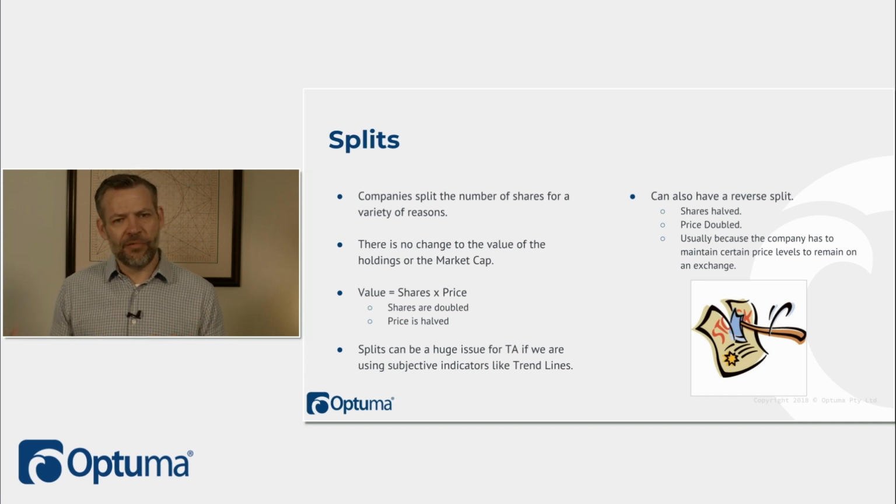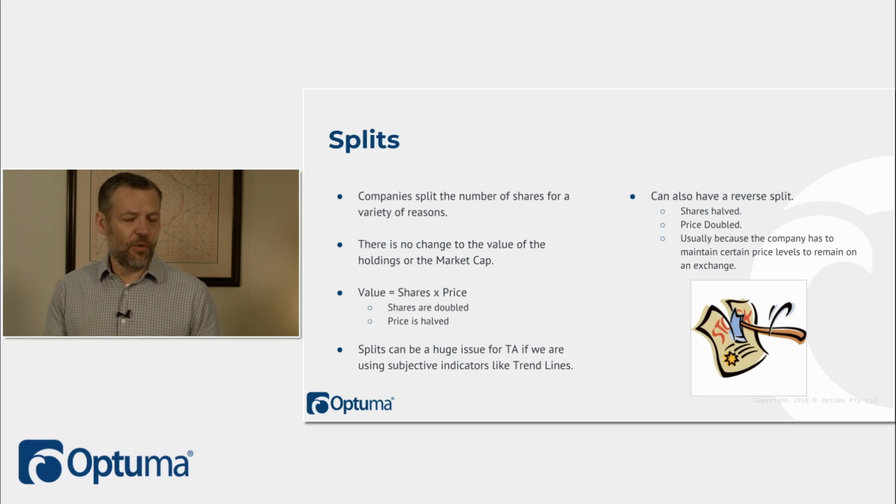The thing with splits and reverse splits is it doesn't change the market cap or the value of anybody's holdings. If you're holding 100 shares at $100 and it goes through a split, you'll have 200 shares at $50. A reverse split does the opposite, but the value doesn't change.